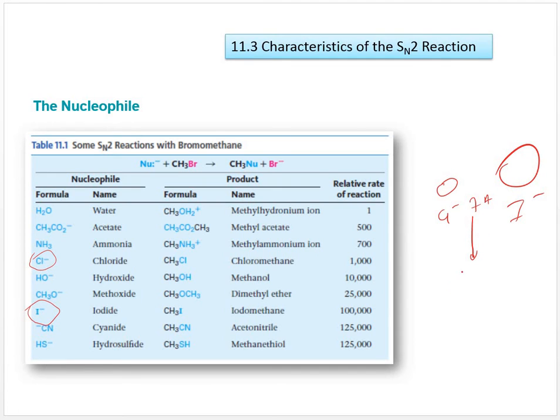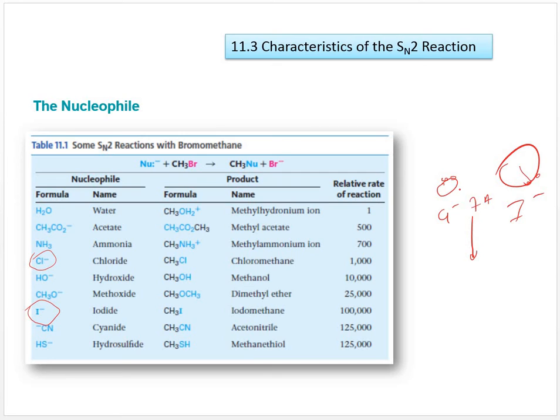Why? Because from one period to another we always add one more electron shell, right? Electrons are successively becoming further away from the nucleus. So 2 electrons will be donated from iodide to this methyl bromide. These 2 electrons are tightly held in chloride, but loosely held in iodide. Why?